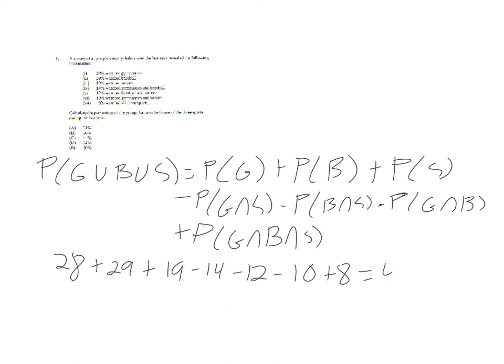And this will total up to 48. And that 48 should look familiar because that was what all those numbers totaled up to in the Venn diagram. And once again, we need to subtract that from 100, and that gives us our total of 52, which, again, is choice D.